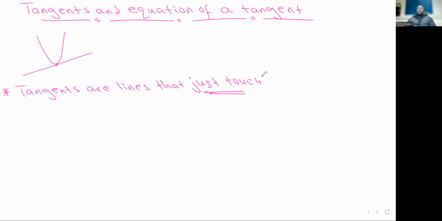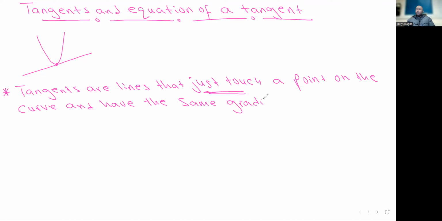Are you seeing it? They just touch a point on the curve. And also, they have the same gradients. So a line that is tangential to a curve will have the same what? Gradient.